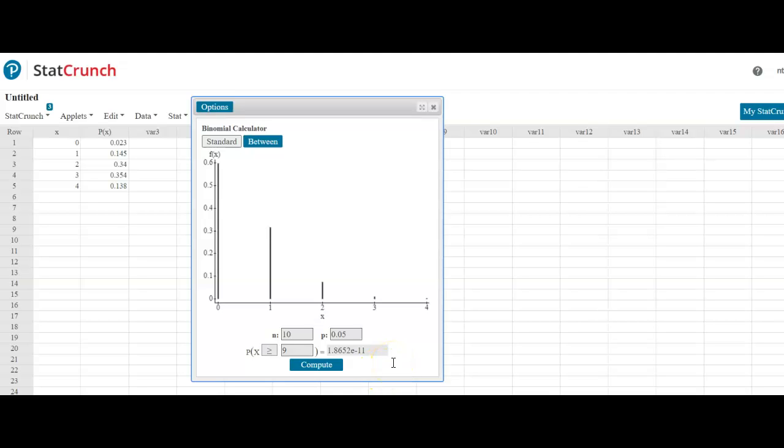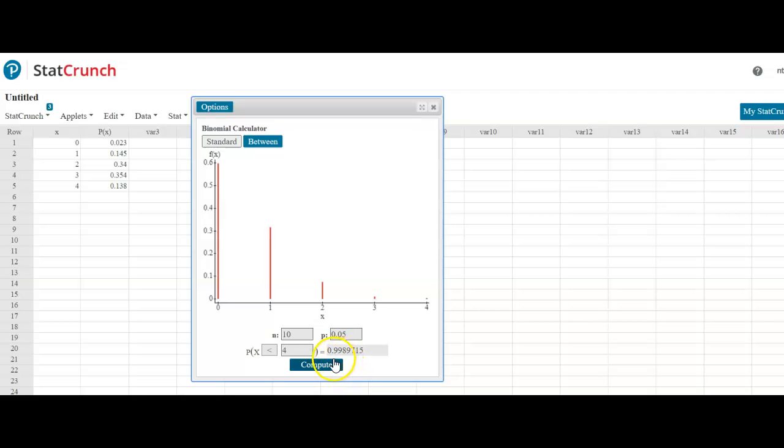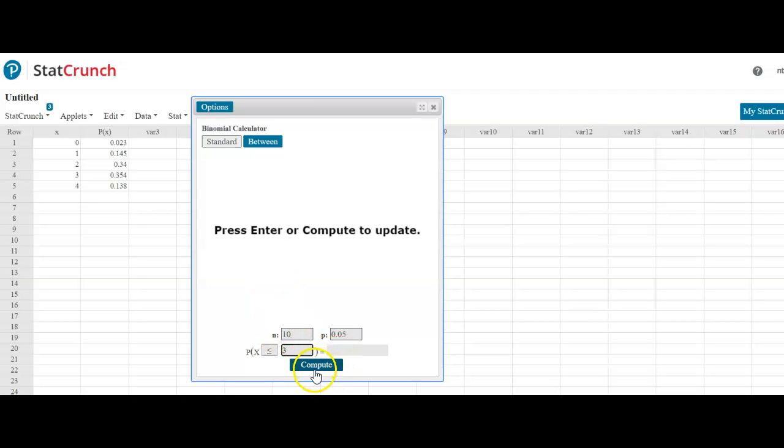Now my next question is find the probability that less than 4 are cashless. So I can do less than 4, compute, and that gives me a probability of 0.999 rounded to 3 significant digits. Or I could do less than or equal to 3, because in that wording 4 is not included.